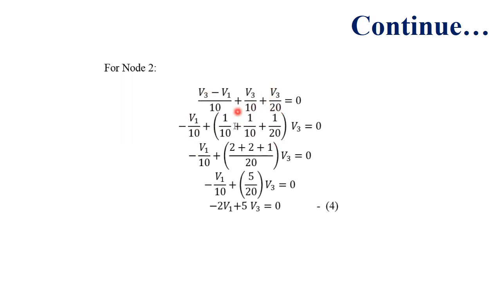Taking the LCM, we have minus V1 divided by 10 plus 5 divided by 20 times V3 equals to 0. Then multiply this whole equation by 20, and we have equation number 4: negative 2 V1 plus 5 V3 equals to 0.